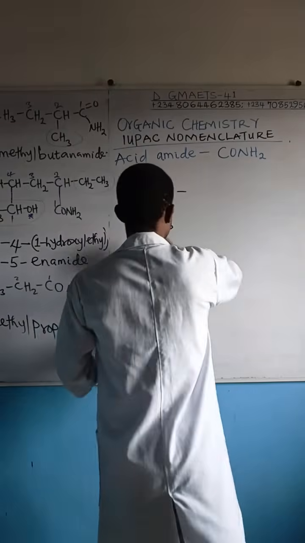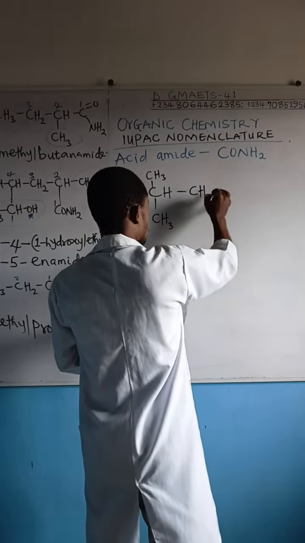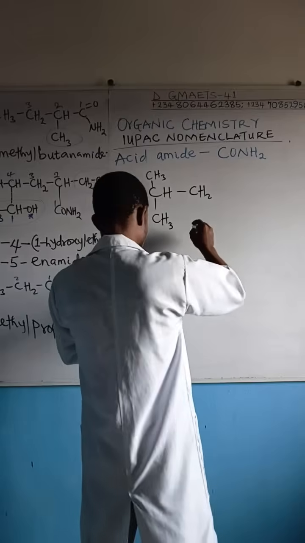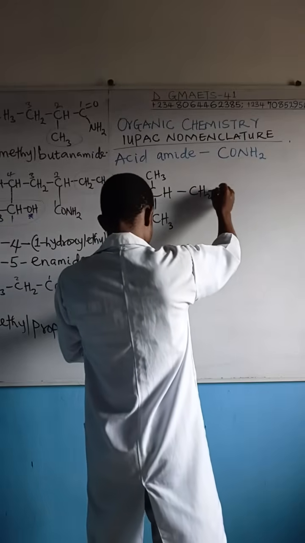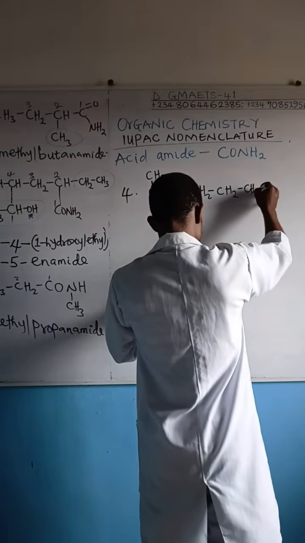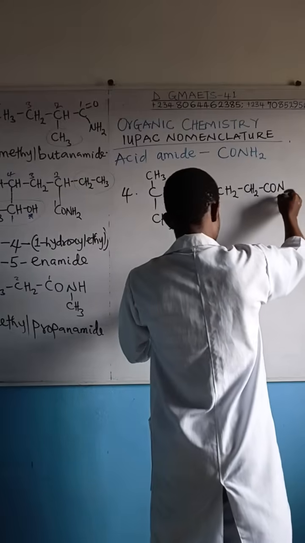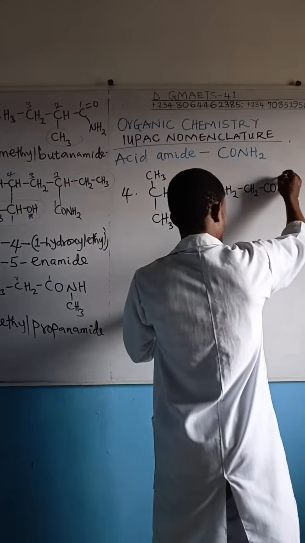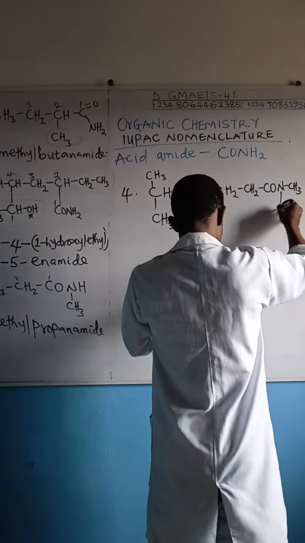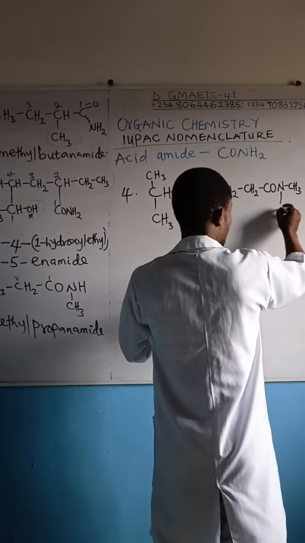And so I'm going to link this to CH2, then CH2, CH2, then CON. We have CH3. I hope it has not cut off from view. And we have C2H5. But let me expand this.